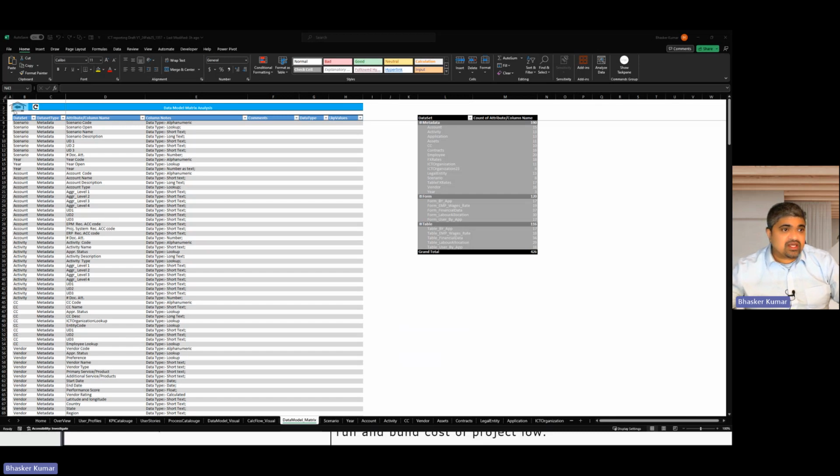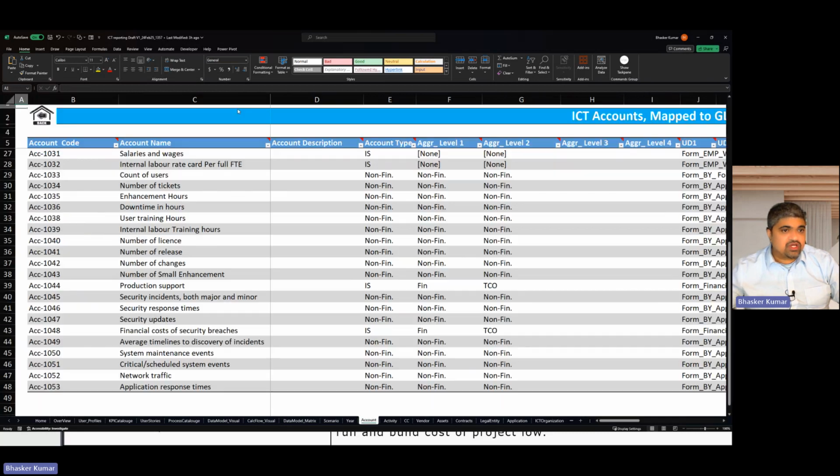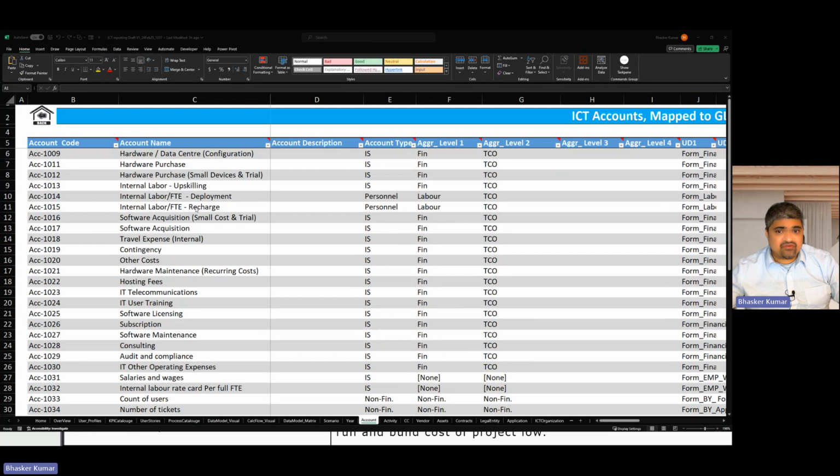Let's say I go to the accounts, you can see that these are different from general financial GL level accounts. These are more related to ICT. So you have buckets of financial accounts like hardware purchase, travel expense, software acquisition.